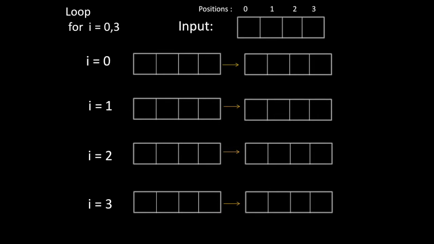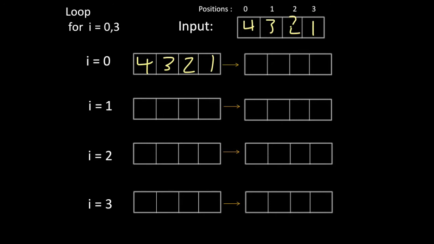So now let's take a look at an example. Our input will be 4, 3, 2, 1, and we want to sort this list so it's 1, 2, 3, 4. Okay, starting with the iteration when i equals 0, here's the state of the list: 4, 3, 2, 1.